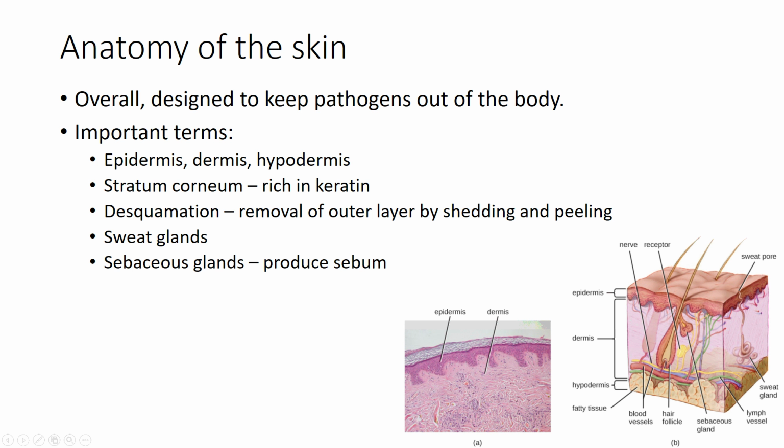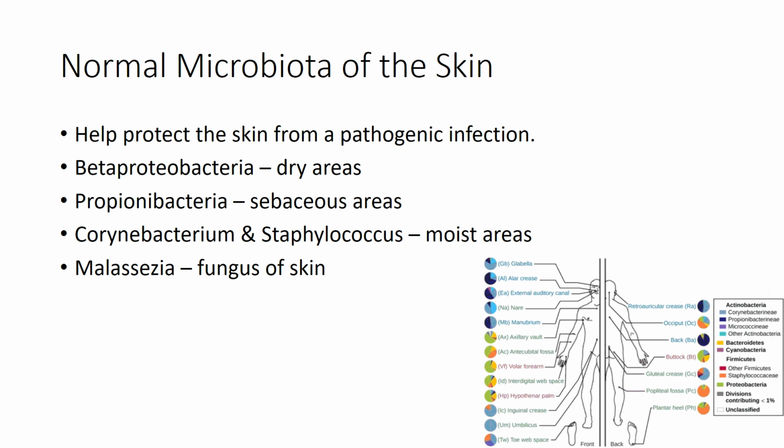One of the most important things that your skin has going for it is a very broad group of normal microbiota that live on the skin. They keep the skin from being invaded by pathogenic microbes. Different types of bacteria and fungus live in different areas.